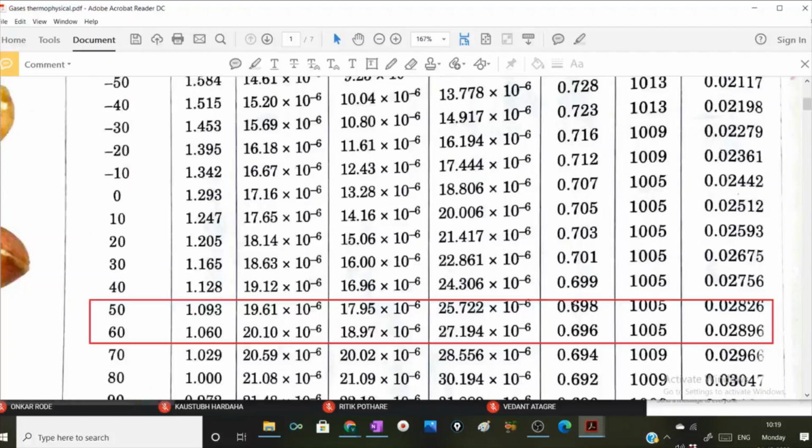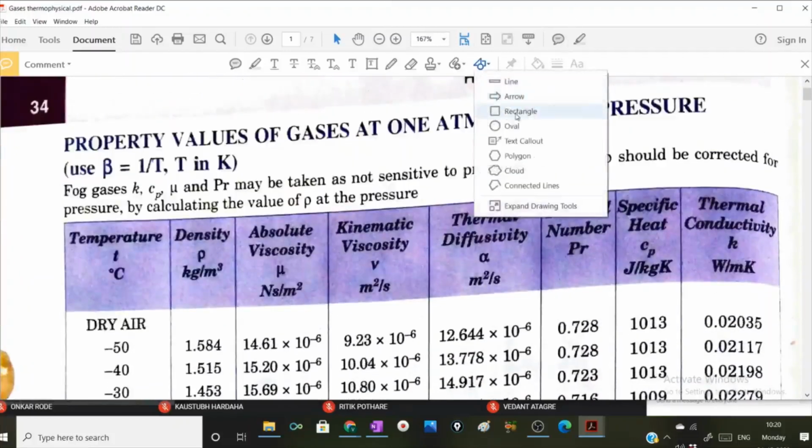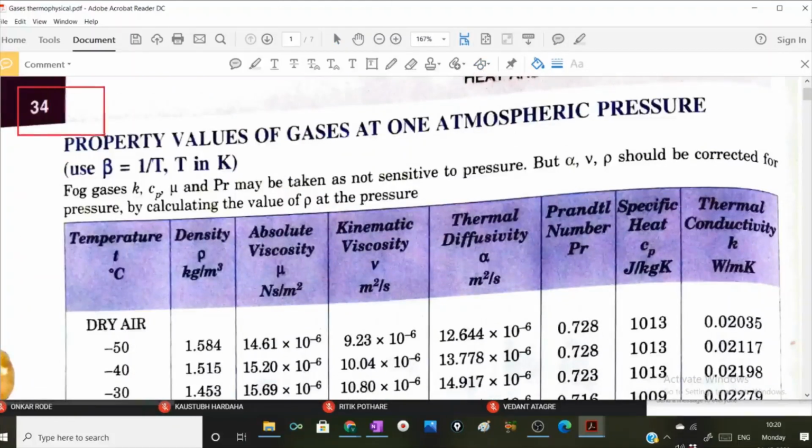Okay, so I already have calculated these thermophysical properties. So you are also supposed to calculate thermophysical properties at 52 degrees Celsius between the temperature range 50 degrees Celsius and 60 degrees Celsius. And page number, please remember, it is 34.